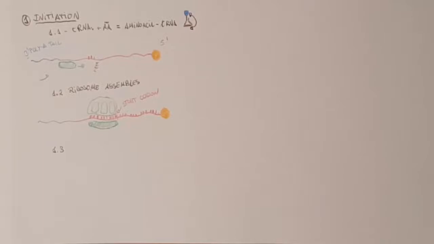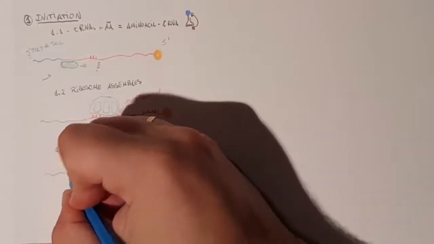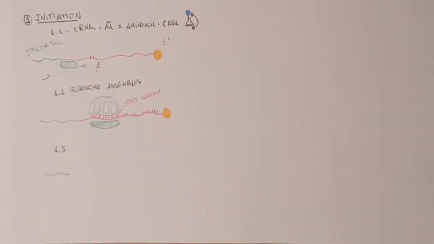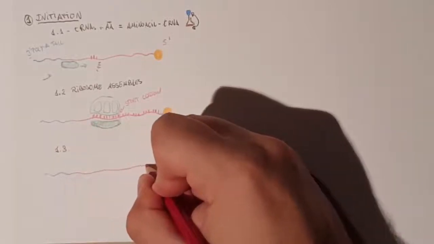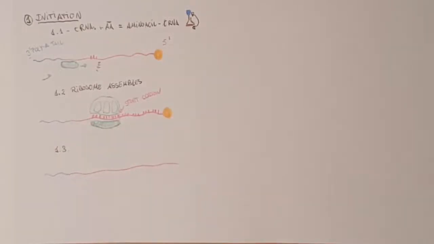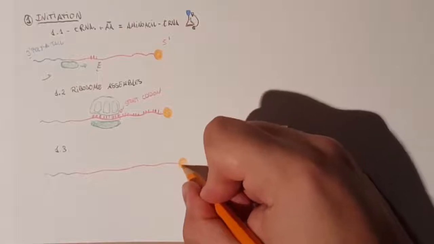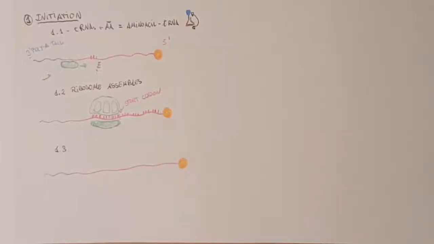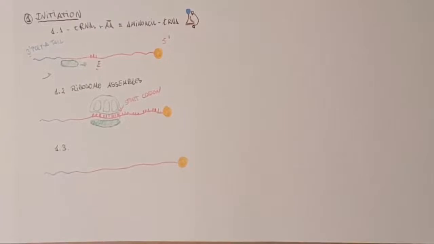Okay, 1.3, we're going to have again our poly A tail, then we're going to have our molecule of mRNA with the cap, and then we're going to have our codons.